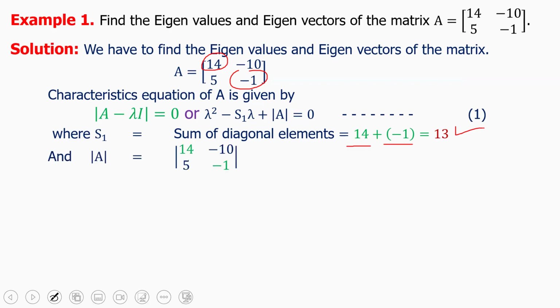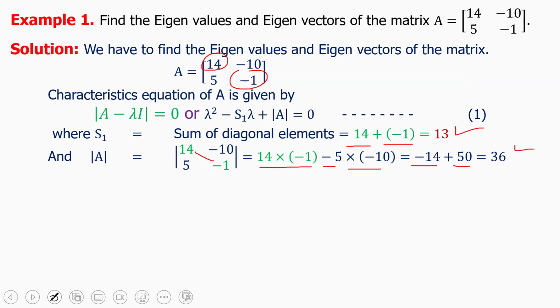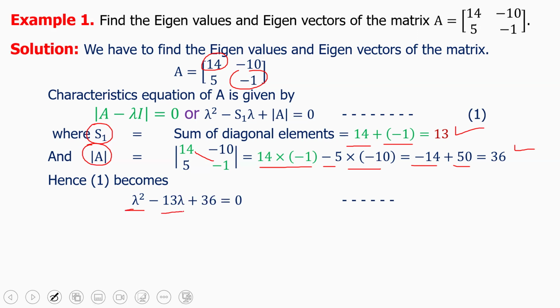The determinant of A gives us 14 into minus 1 minus 5 into minus 10, so minus 14 plus 50, which is equal to 36. If we substitute the values of S1 and determinant of A, the equation becomes lambda square minus 13 lambda plus 36 equal to 0.